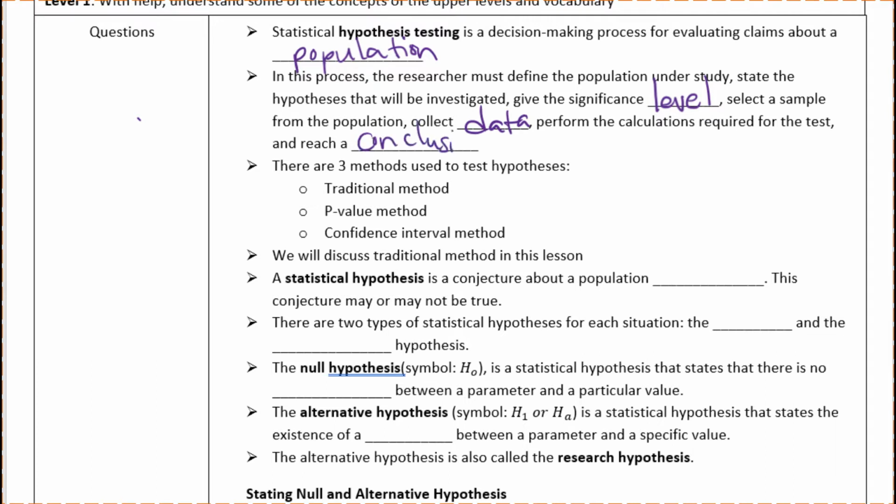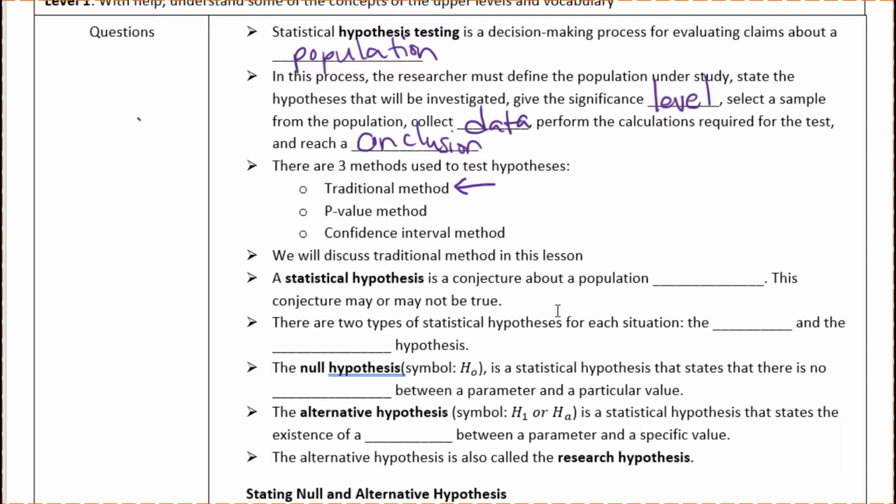Okay, so in our case, what's the average age equal to, 60-something? Does it dramatically differ from that? There are three methods used for hypothesis testing. We're going to be looking at the traditional method in this lesson. And the other methods will be interspersed in other lessons in this chapter.